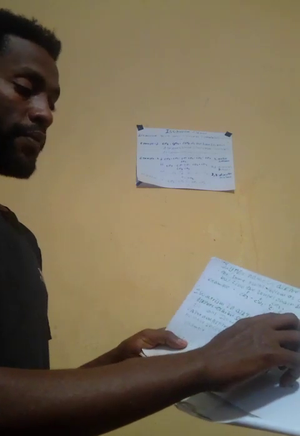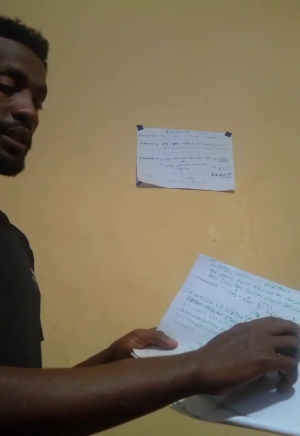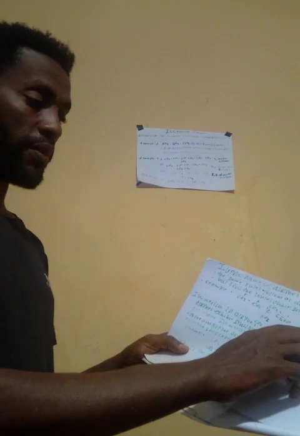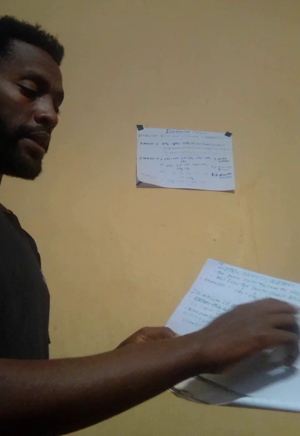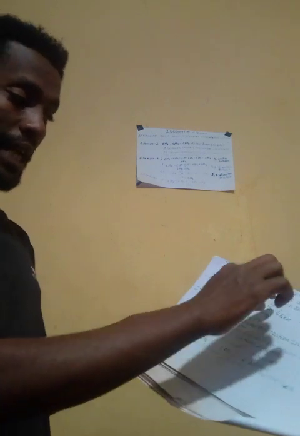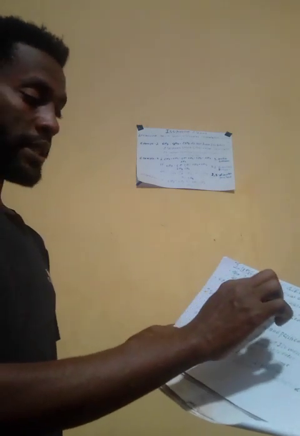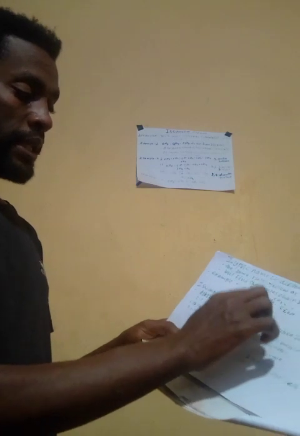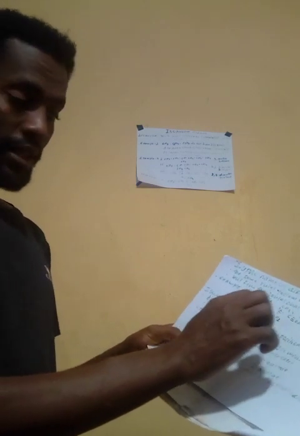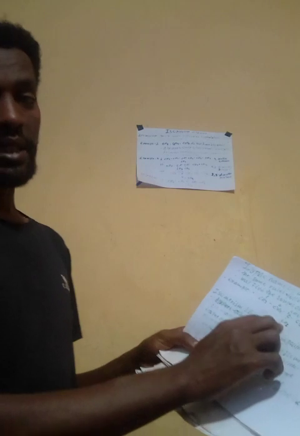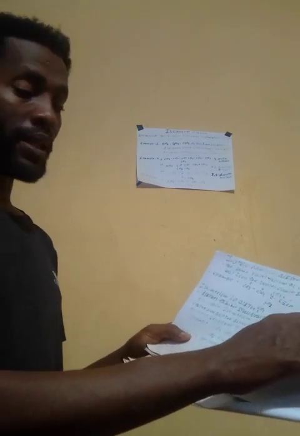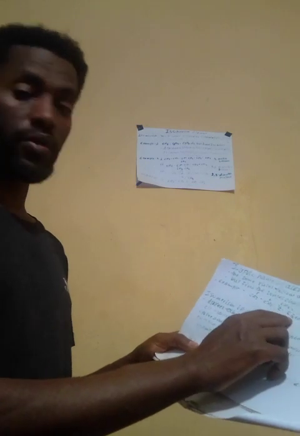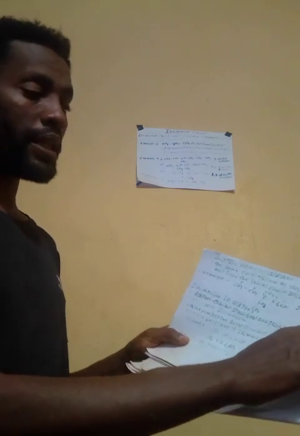Therefore, 3-ethyl, because alphabetically E comes before M, and 3-methyl, because they are at the same position. Then we call them 3,3, but the groups are different: this one is methyl and this one is ethyl. So 3-ethyl-3-methyl-1-pentyne. The 1 indicates the position of the triple bond, and pentyne indicates the parent structure of the given molecule.